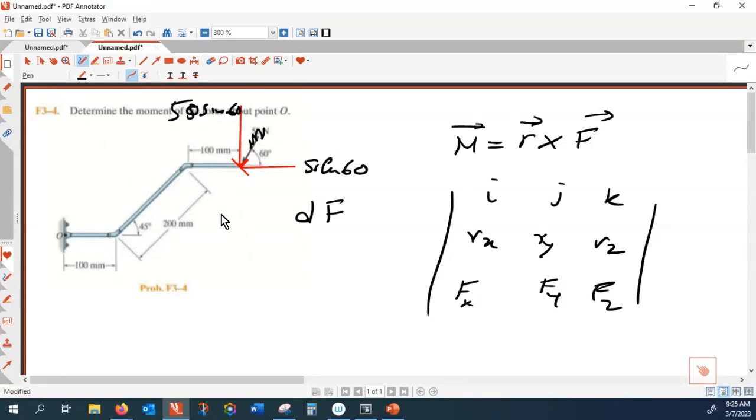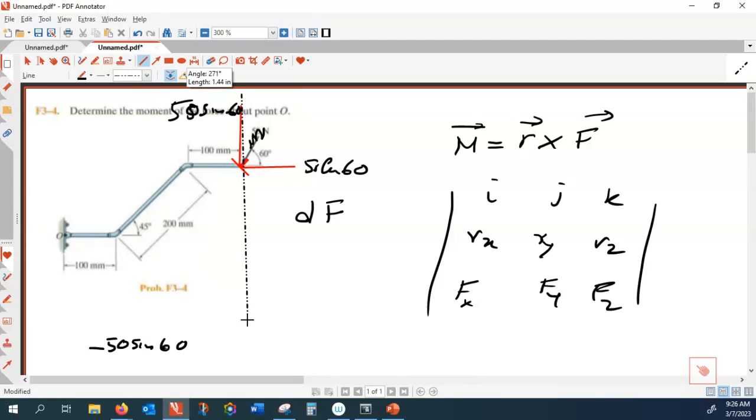All right, so the vertical force, is this going to rotate my frame clockwise or counterclockwise? Clockwise, that's negative. So that is minus 50 sine 60. And what is the shortest distance between this force and the point of rotation? Let's find it out.